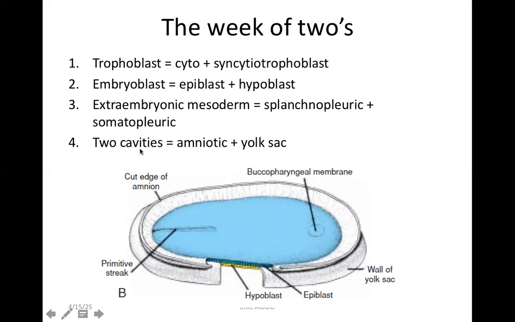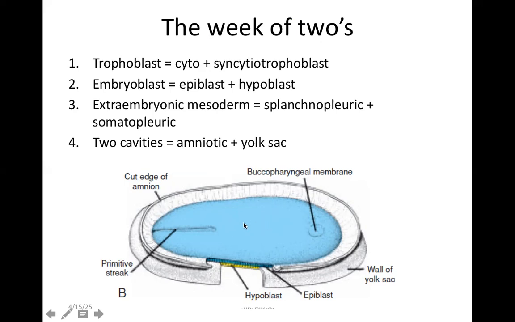Now, the two cavities at this stage will be the amniotic cavity and then the yolk sac. So the amniotic cavity will be above the epiblast with its membrane. So that's the cut edge of the amnion. If it is extended all the way to touch the edges here, there will be a space within it.